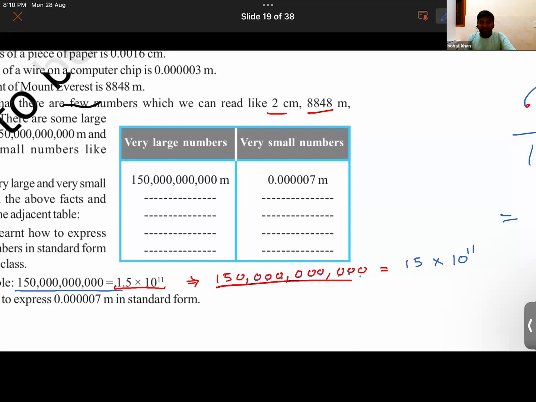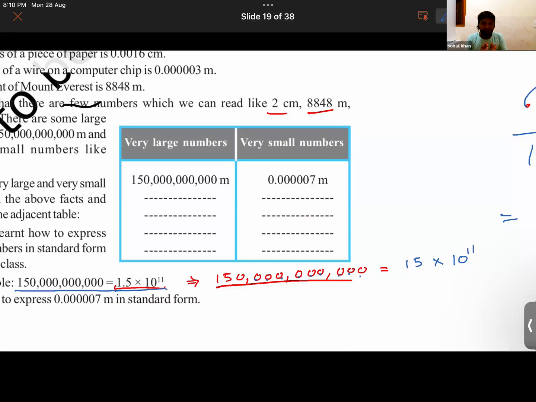But that is not the standard form of writing the number in the exponent form, because you need to write the number like this, as here it is given, 1.5. So after the first digit you need to place a decimal. Getting it now?